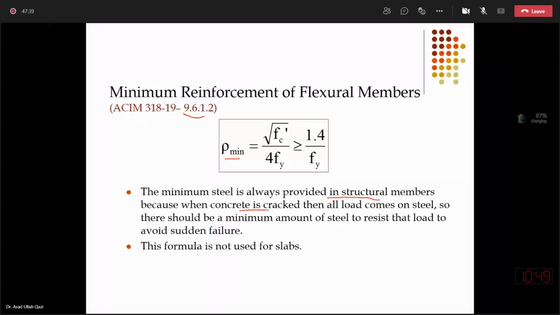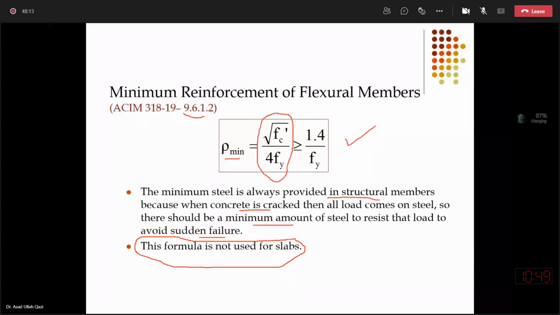There should be a minimum amount to resist that load and avoid sudden failure. But keep in mind that this formula is not for slabs. When we discuss design of slabs, we will give you a different rho minimum requirement. Only for beams this is valid. There are two equations which we want to check, and out of them the larger will govern.